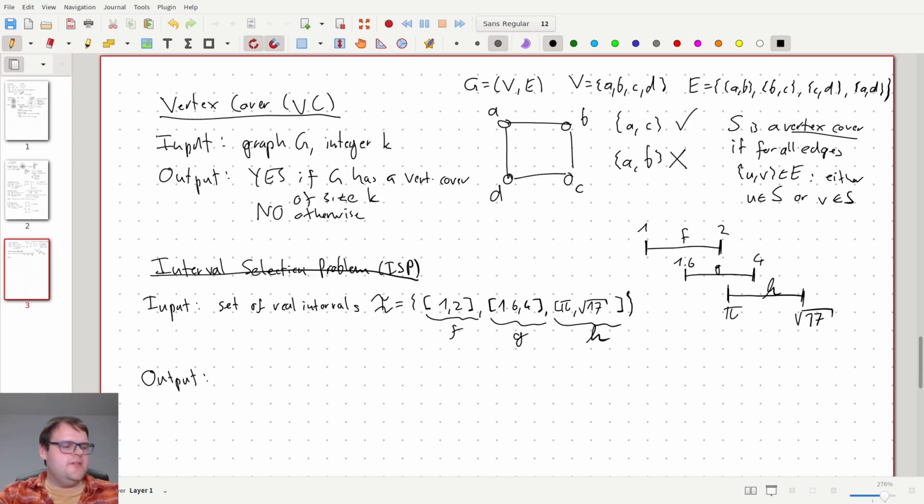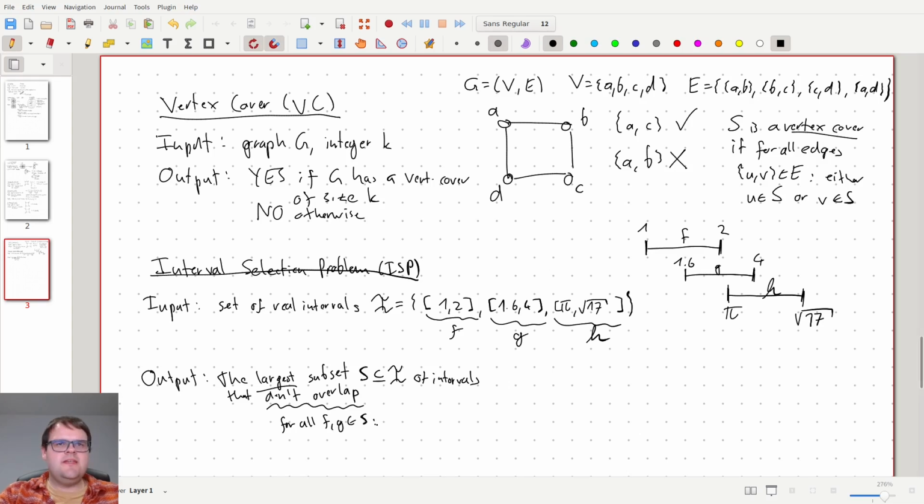So in this case, we want to find the largest subset S of the intervals, so the largest subset of intervals that don't overlap. And what does it mean to not overlap? That means for all f, g in S, the intersection between f and g has to be empty, right?